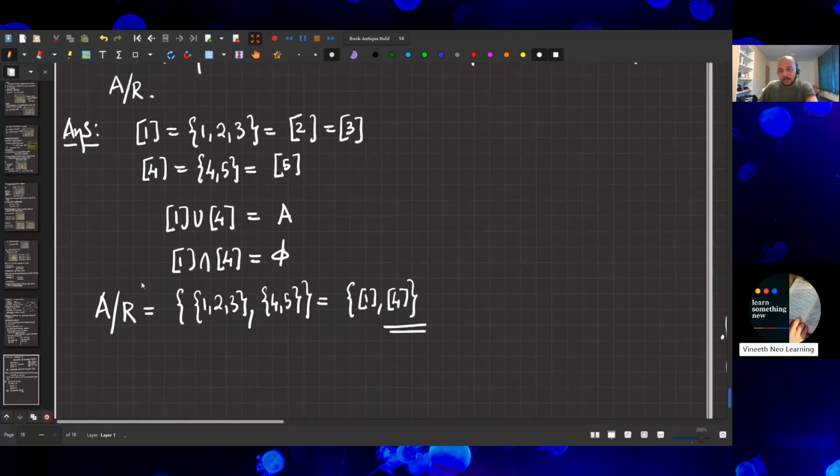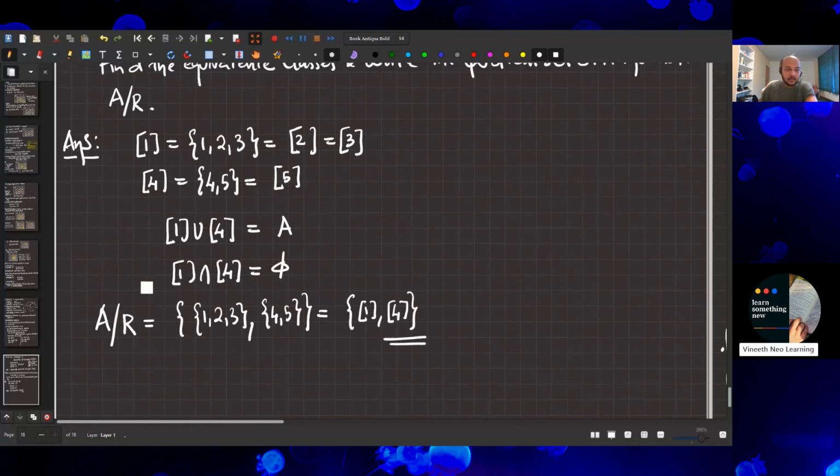Now look at this. The set {1, 2, 3} is represented by 1. We can also write this as 2, or 4 also, because in this context 1, 2 and 3 are equal.